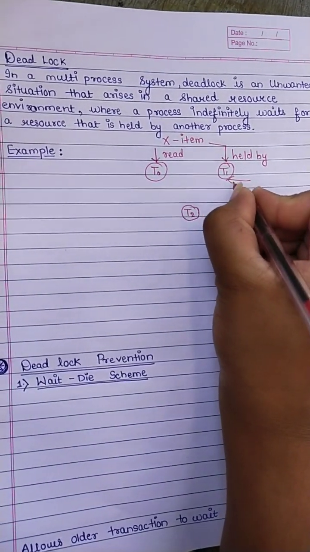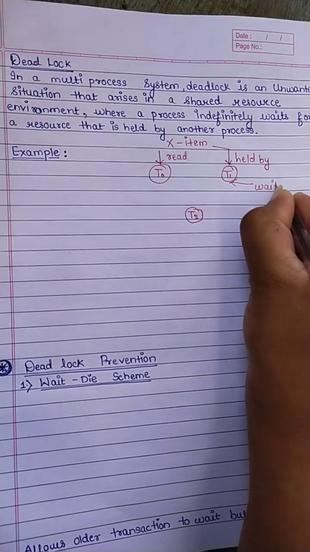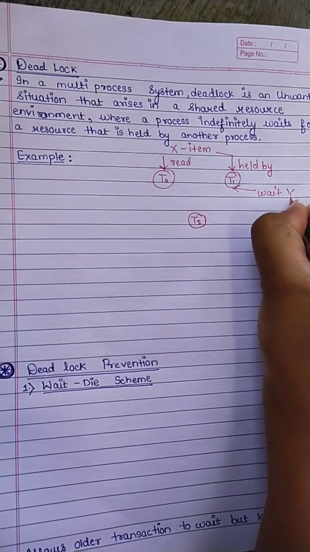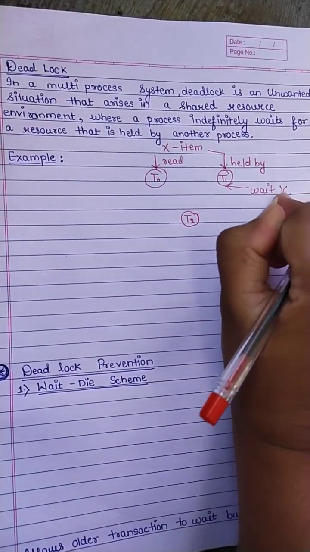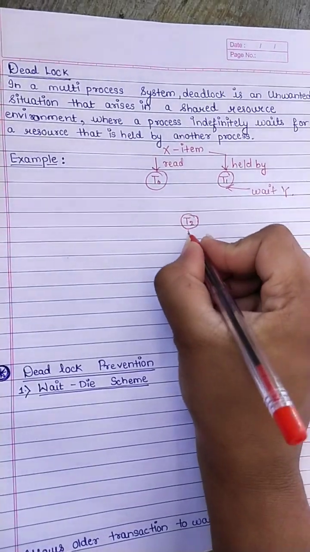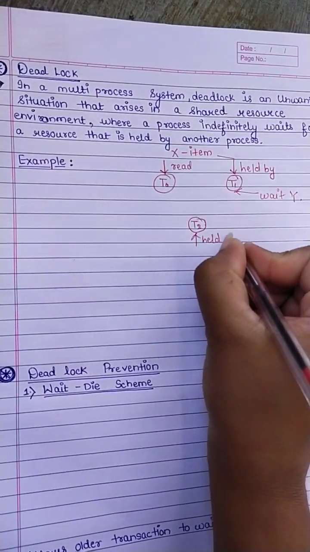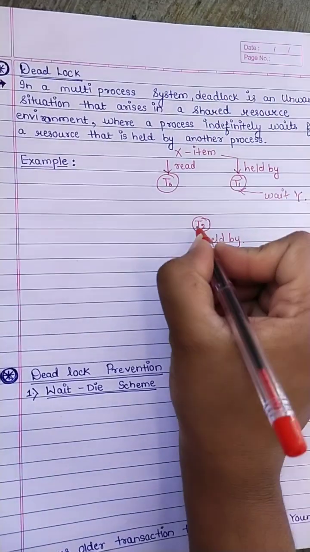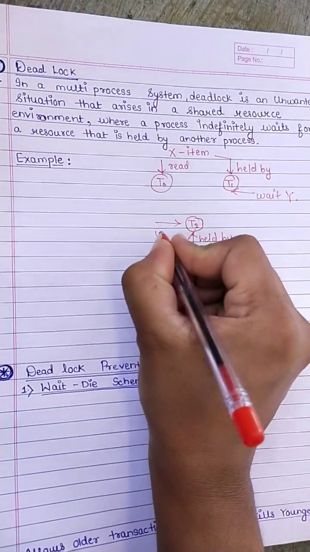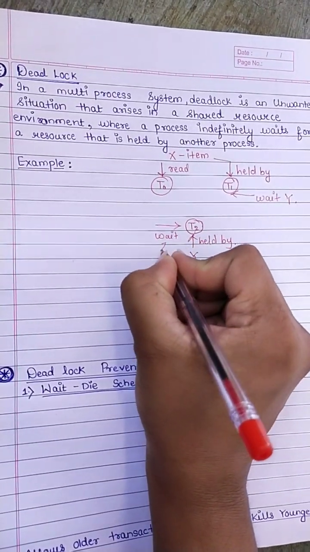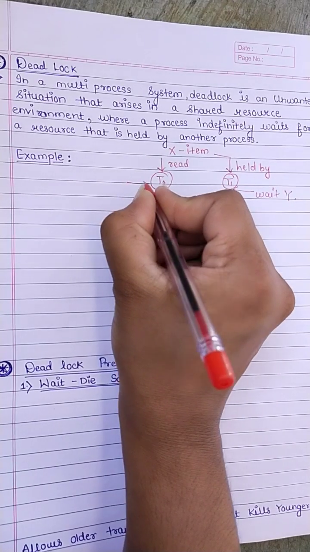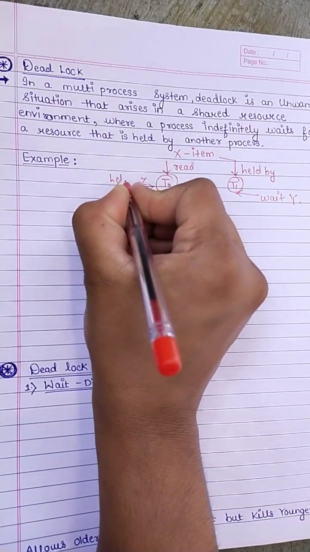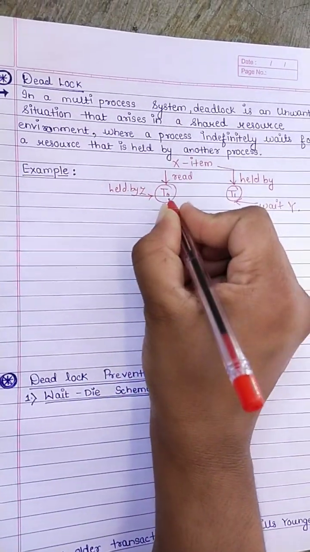Now T1 is waiting for data item Y. This data item Y is held by T2. Now T2 is waiting for Z, and that Z is held by T0.